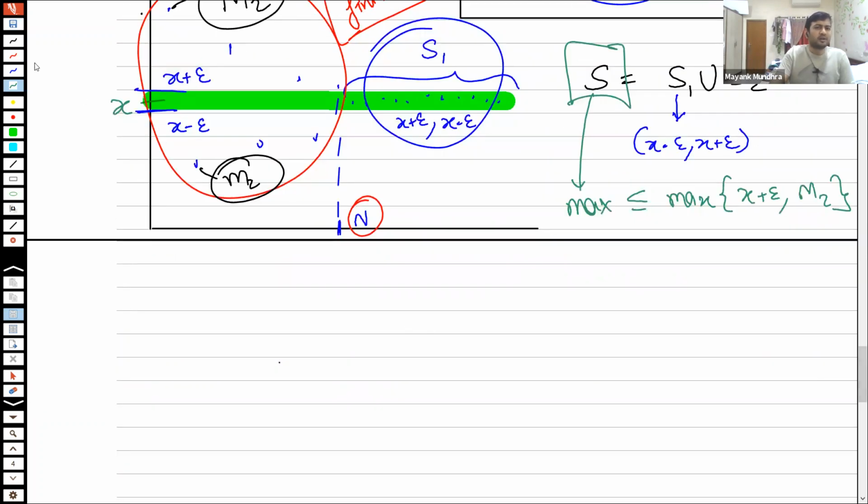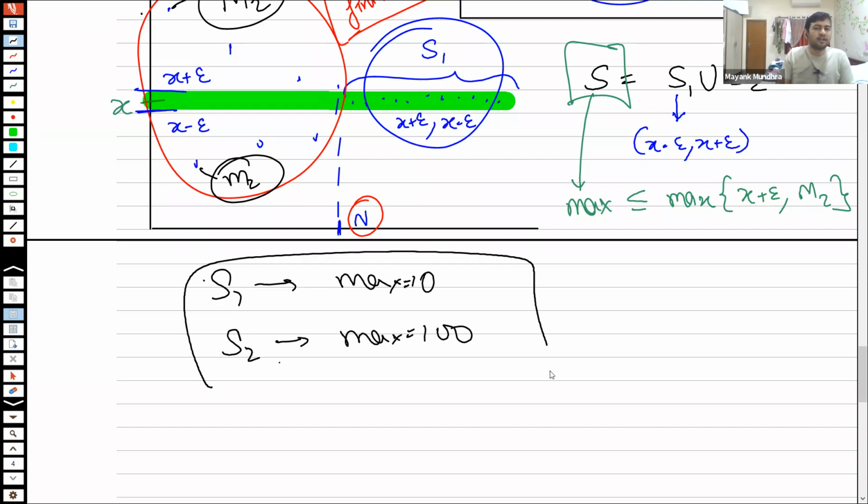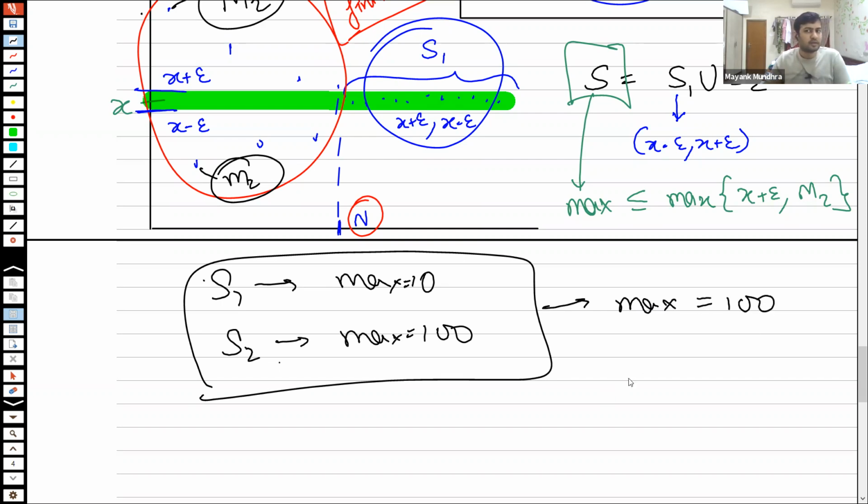Set 1 has max entry 10 and set 2 has max entry 100. If I take a combination of these two sets, then the max has to be equal to 100. So that's what I'm saying: the max of the union of the two sets has to be either x plus epsilon or M2. One of these things.